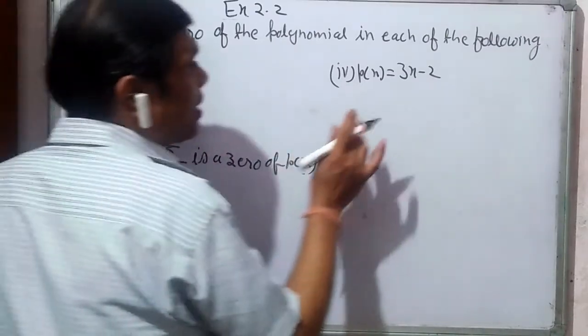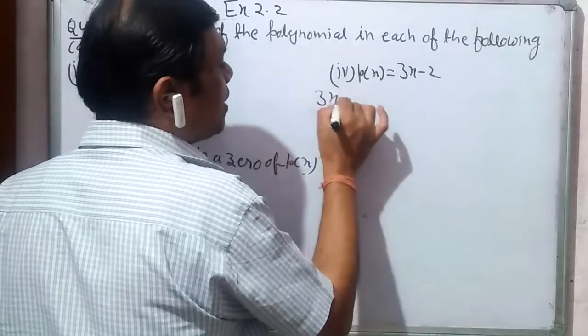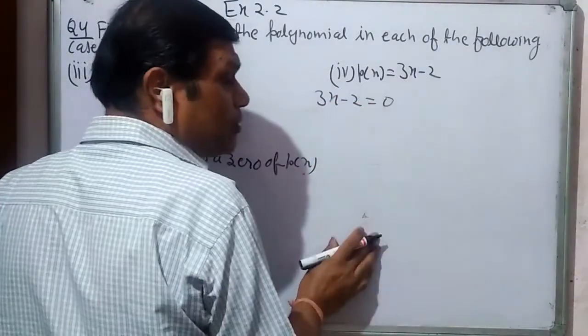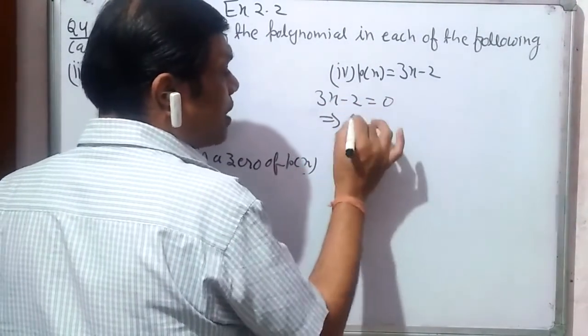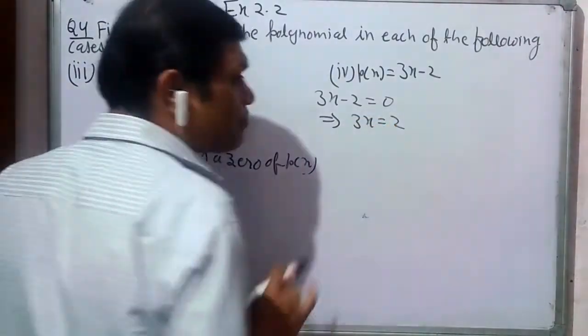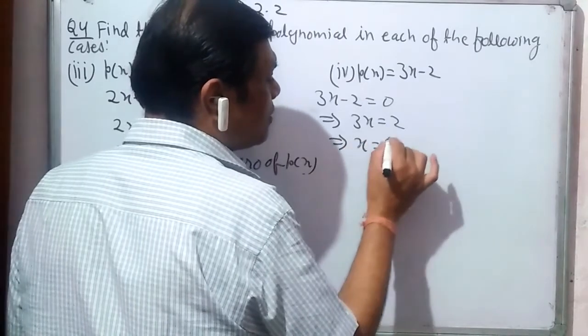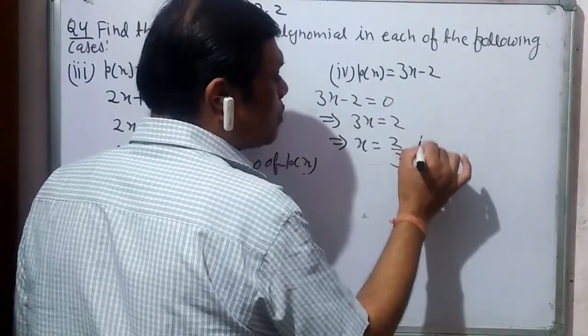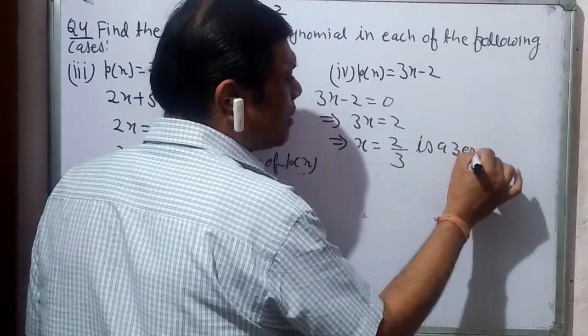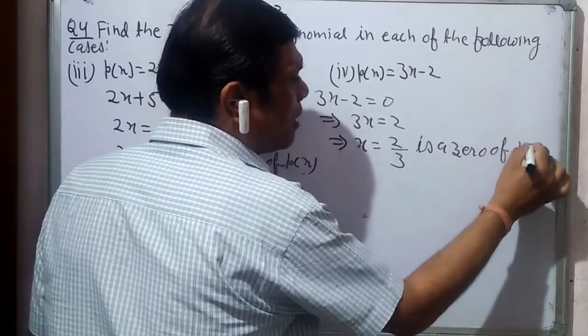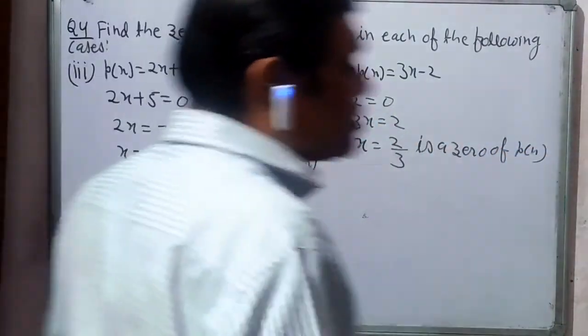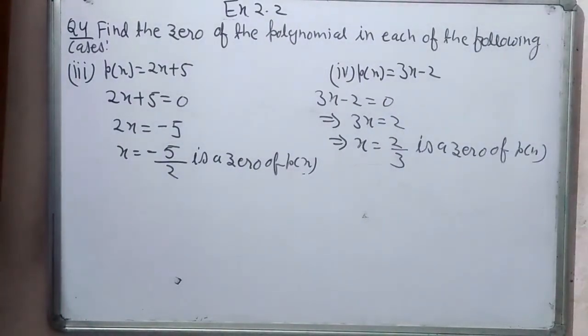In the fourth part, we have to equate 3x minus 2 equals 0. We have to transfer this 2 first, and then we are going to transfer 3. So we are getting x equals 2 upon 3 in this case as a 0 of the polynomial.